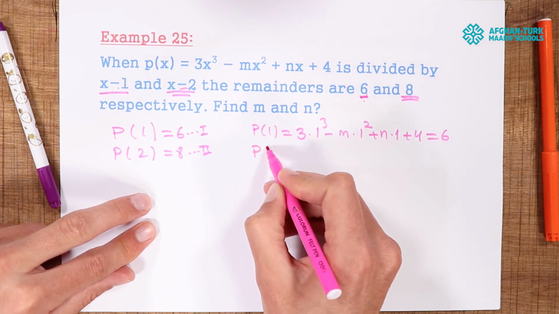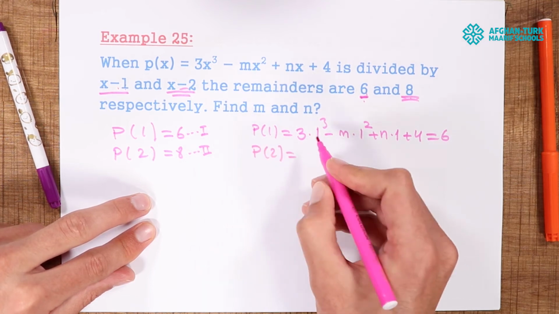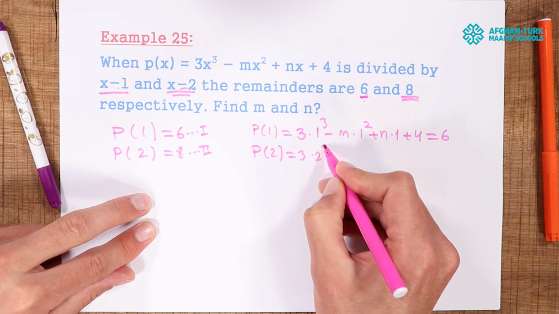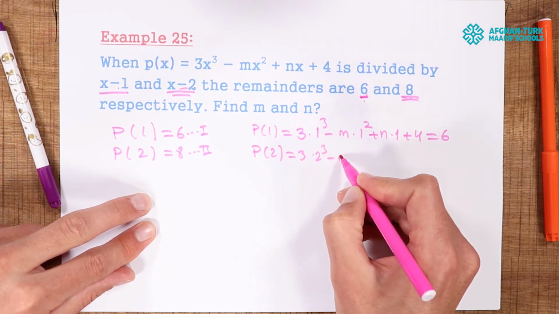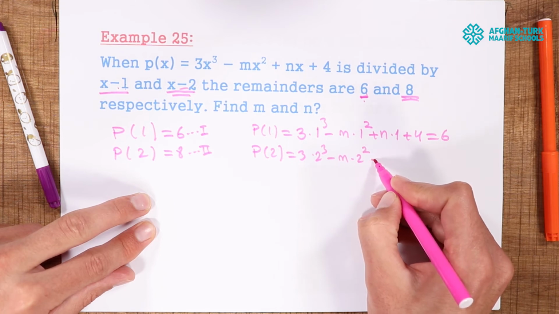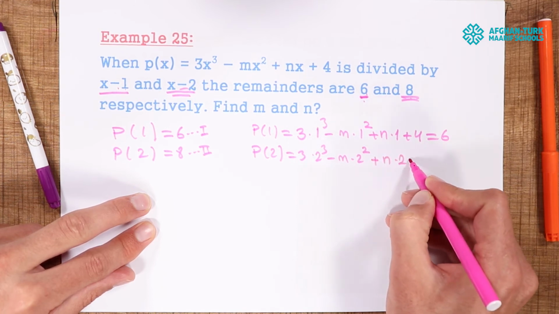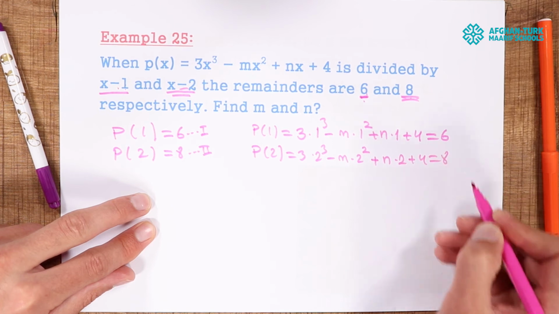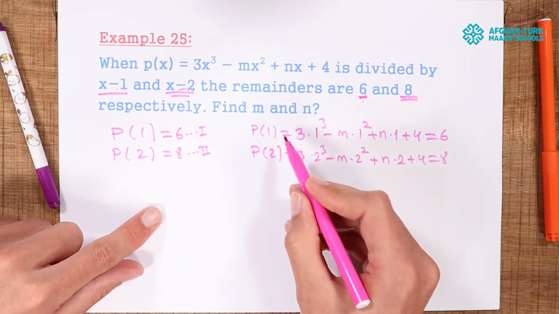By this way, p of 2 is equal to 3 times 2 cubed minus m times 2 squared plus n times 2 plus 4, and this is equal to 8.